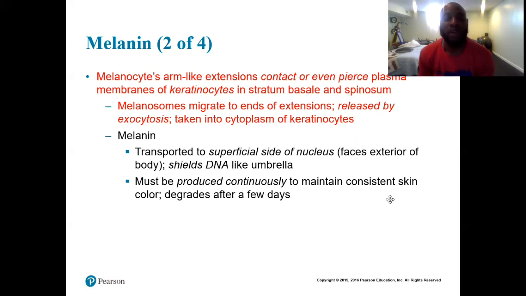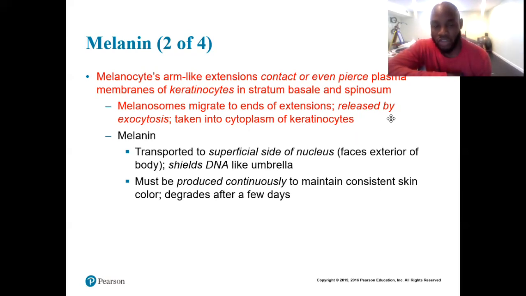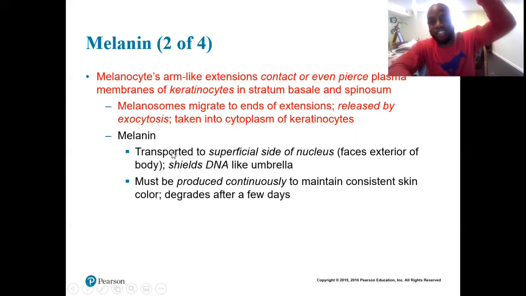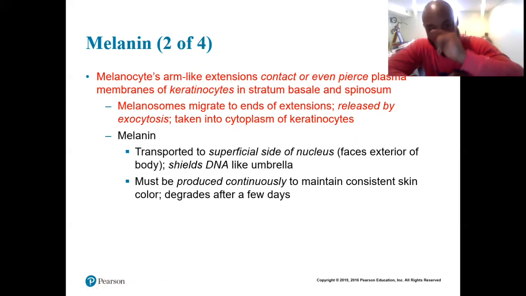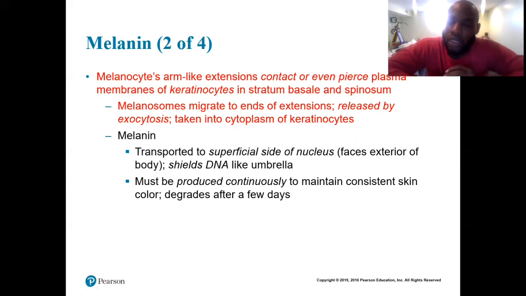All right. And then we have our melanin, which is transported to the superficial side of the nucleus, and shields the DNA, kind of like an umbrella, provides like a shield for your DNA. It's important that it's continuously produced.